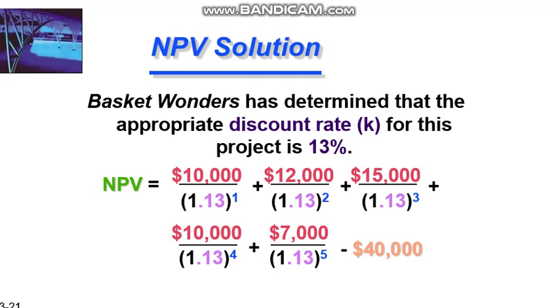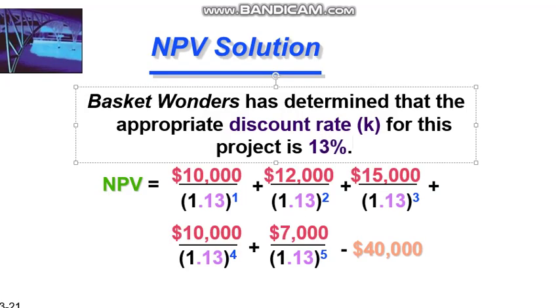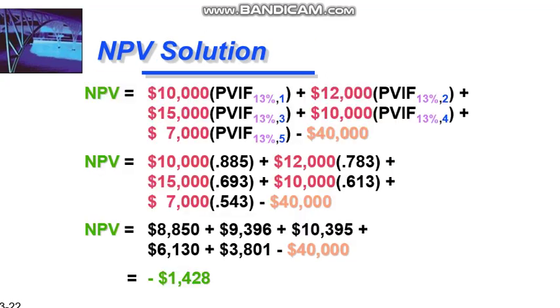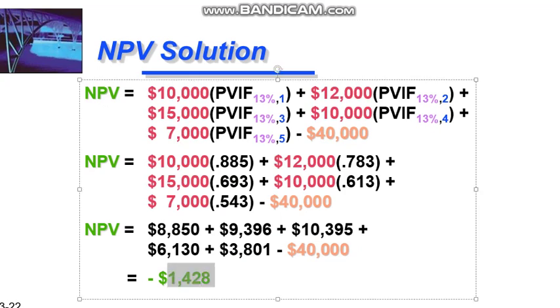Now we can see what is happening over here. At 13%, the rate given by the firm as their cost, we calculate the present value of 10,000, 12,000, 15,000, 10,000 and 7,000, all cash flows, minus 3,000. We got minus 428.